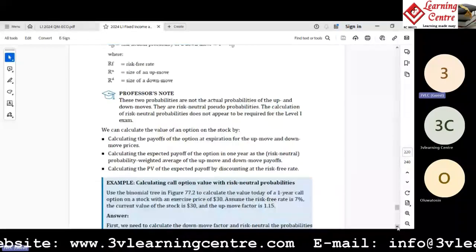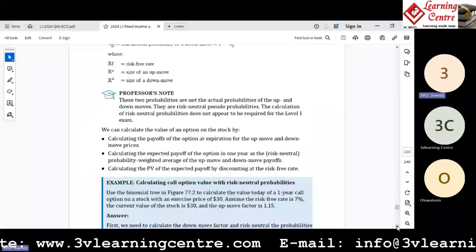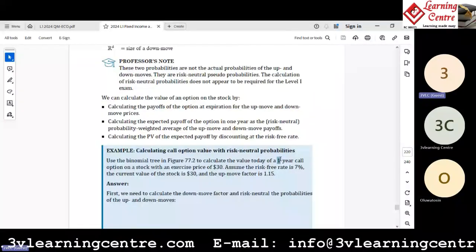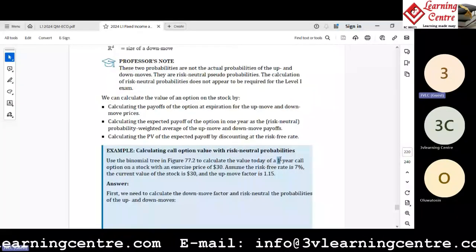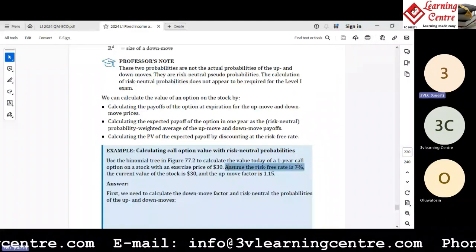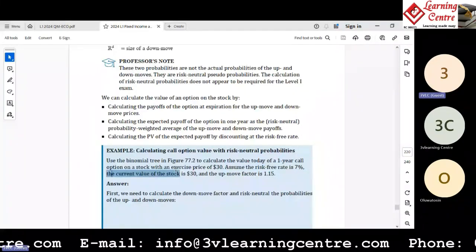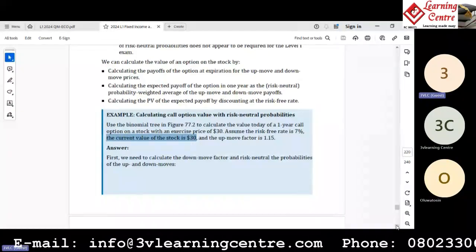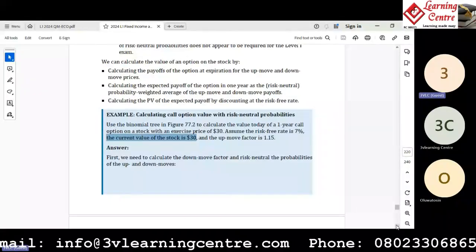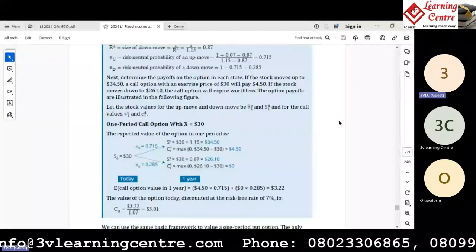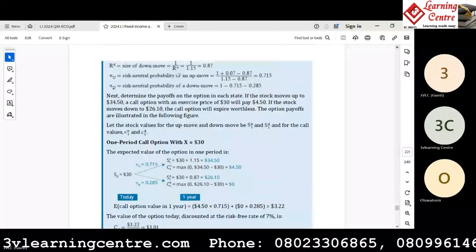So let me just go to this example. Using this to calculate the value today of a 1-year call option on a stock with exercise price of 30, assuming risk-free rate is 7%, the current value of the stock is 30, and the up factor is 1.15. If you have the up factor as 1.15, you need to calculate the down factor. Of course, we said the down factor is the inverse of that.